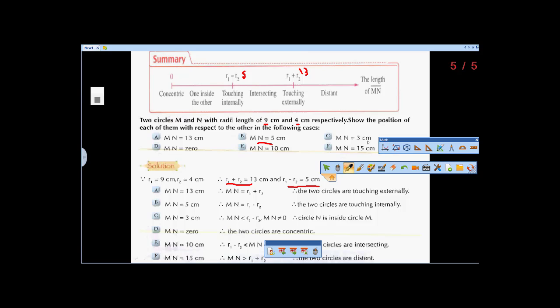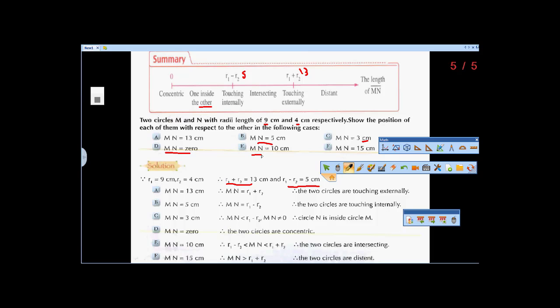If MN equals 3, between 0 and 5, then I find one circle inside the other, because MN is less than R1 minus R2. If MN equals 0, it means the two circles are concentric.